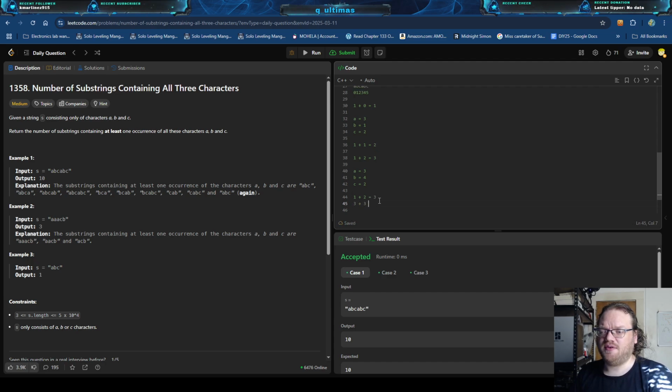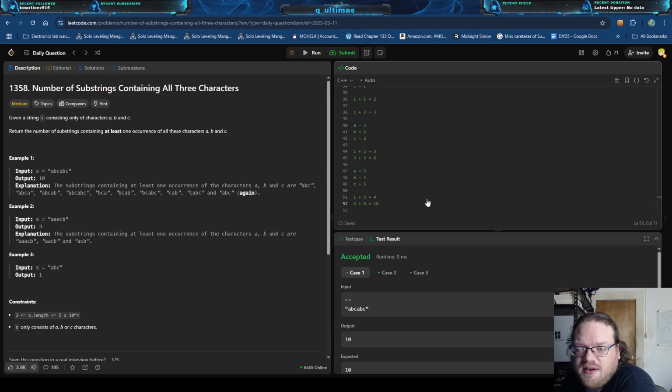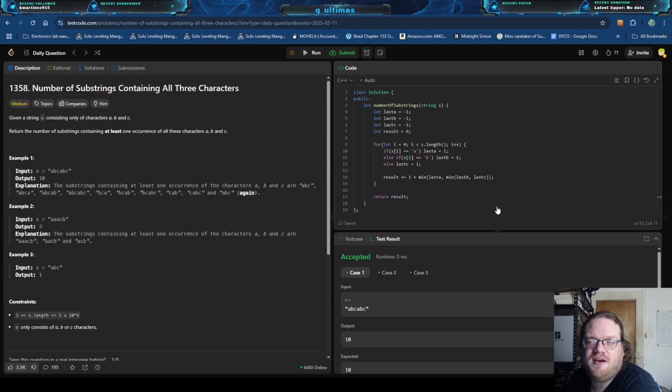So 3 plus 3 equals 6. Then we go to the last value, which is C. So A equals 3, B equals 4, C equals 5. Minimum being 3. We go 1 plus 3 equals 4. And then 4 plus 6 for our total is equal to 10. And that gives us all the substrings.